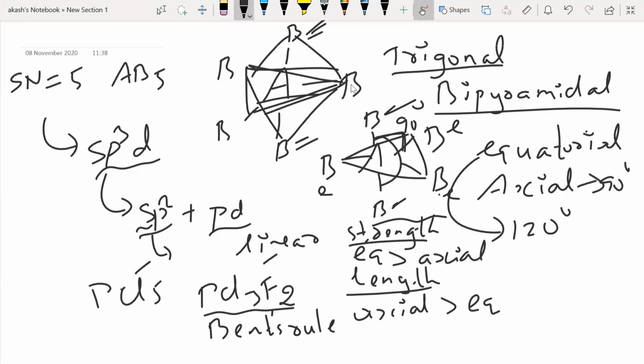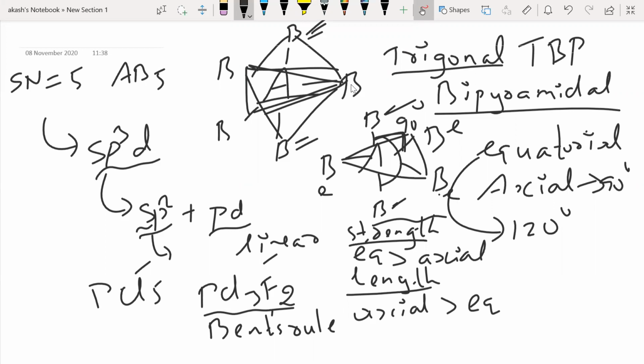So take down Bent's rule. Okay, the statement goes like this. In case of an unsymmetric molecule in trigonal bipyramidal geometry, you can write trigonal bipyramidal as TBP. TBP is a short form, trigonal bipyramidal, right?